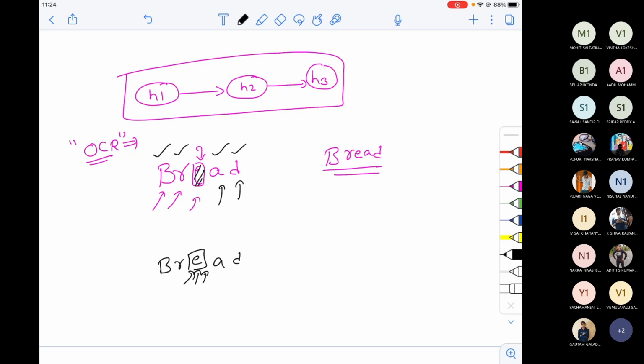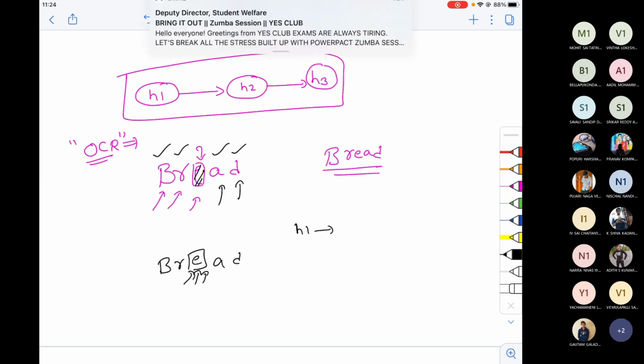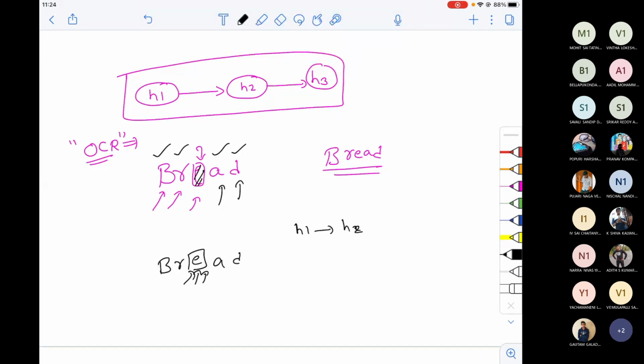So that means sometimes hidden state 1 not only depends on hidden state 2; sometimes hidden state H5 influences H4, influences H3, influences H2. That means the influence will not be only in the forward direction, it can also be in the opposite direction. This is a very, very important concept.